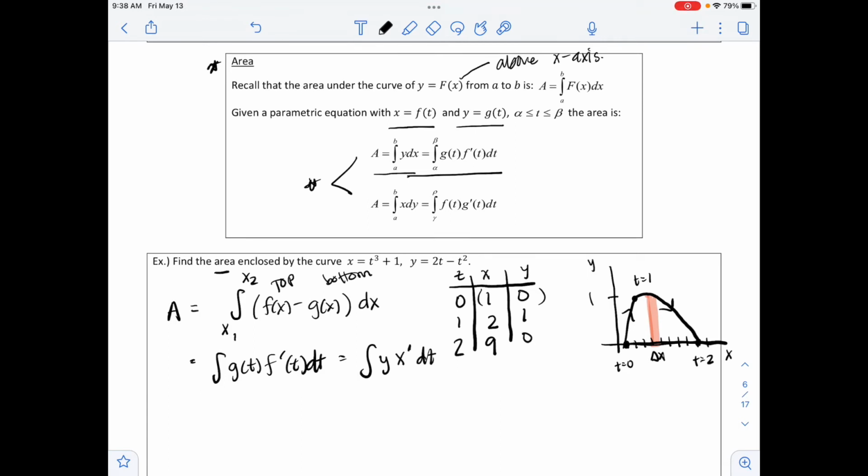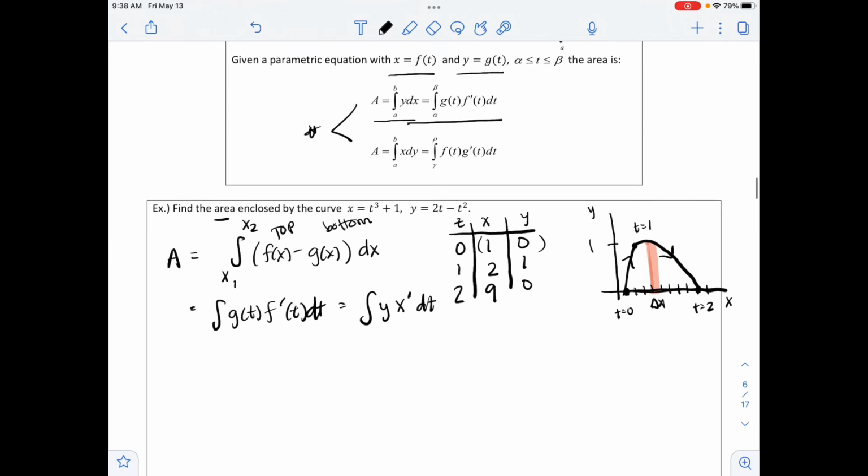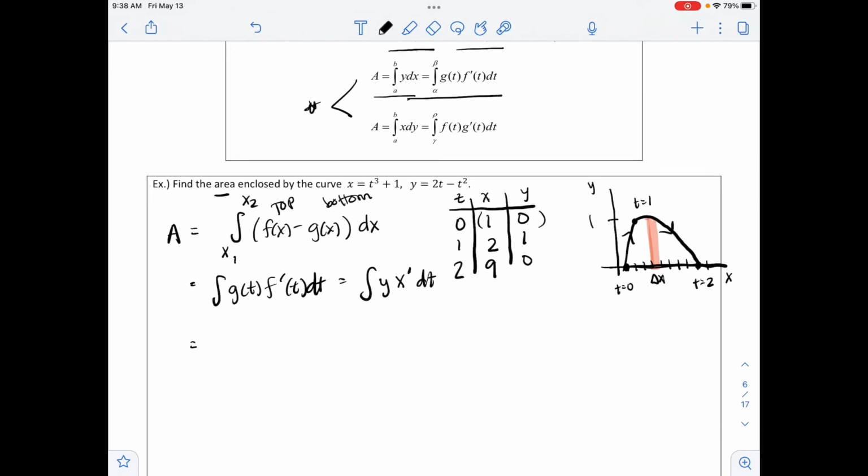And so from here, then we'll talk about those limits of integration also. So on here, we have y, which for us is going to be 2t minus t squared, times the derivative of x, and the derivative of x would be 3t squared, and then dt.